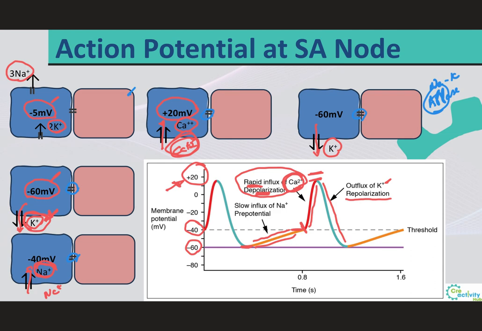Once we have the outflux of potassium exiting the cell, this will cause the repolarization of the cell. Therefore, the cell membrane alternates between depolarization and repolarization. And because these nodal cells are connected to the contractile cells, this information will be able to be sent to the contractile cells for them to contract the atria and then contract the ventricle. And we will see this in the next learning outcome.